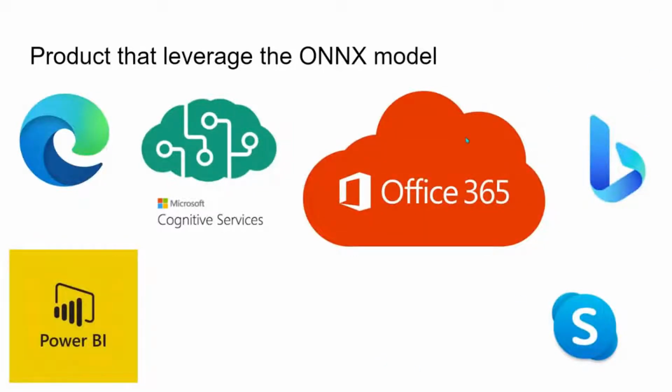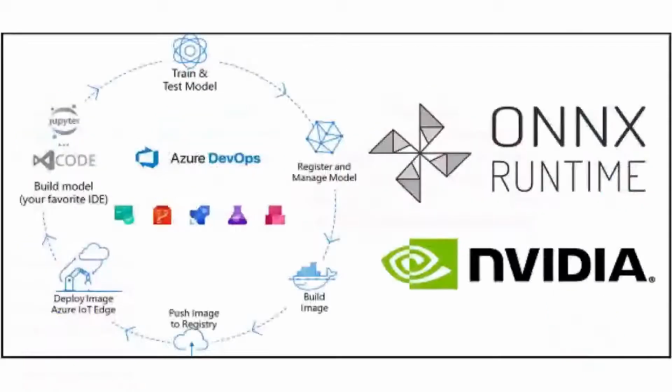So Bing, Power BI, Edge, cognitive services use, yes, cognitive services models are deployed using ONNX only. And if you think of all these things, there is something called a Triton driver. So I'll put it in the comment, so keep an eye on that. Triton drivers.